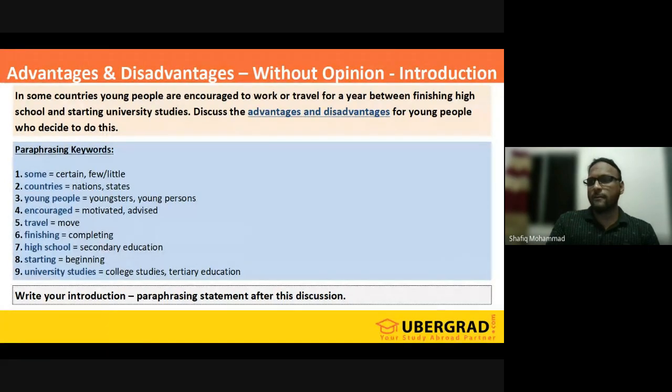Good, Niranjan. Rahul Kumar: taking a gap for internship and traveling between secondary education and tertiary education has been encouraged nowadays in some nations. Pros and cons will be discussed in forthcoming paragraphs.